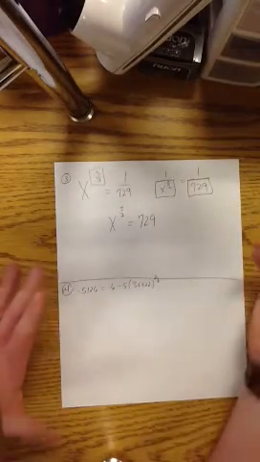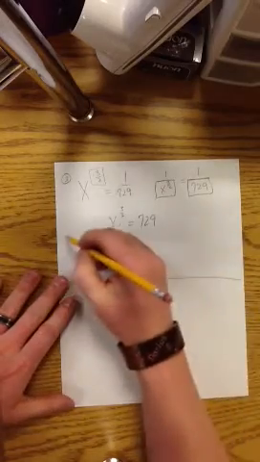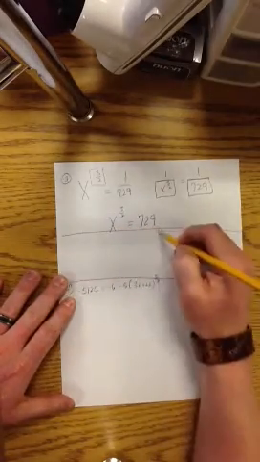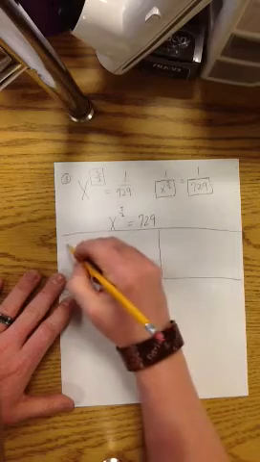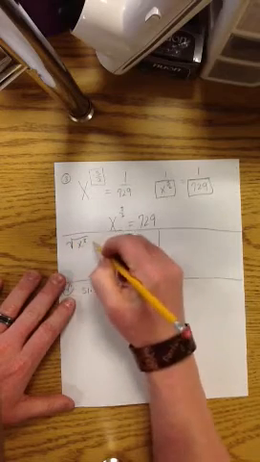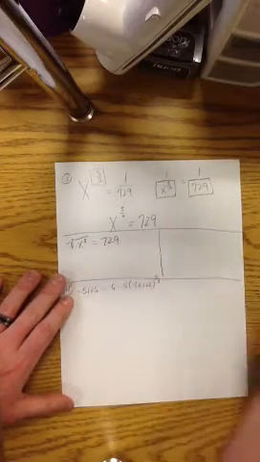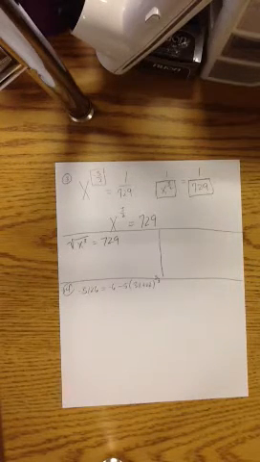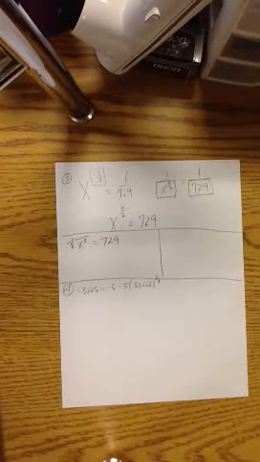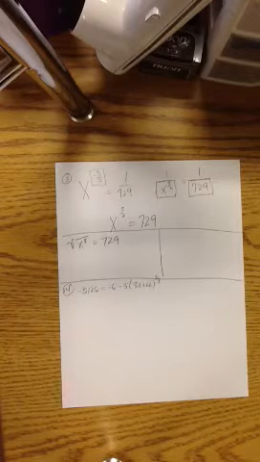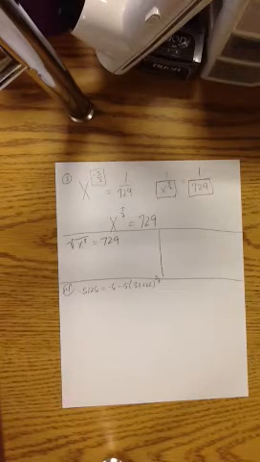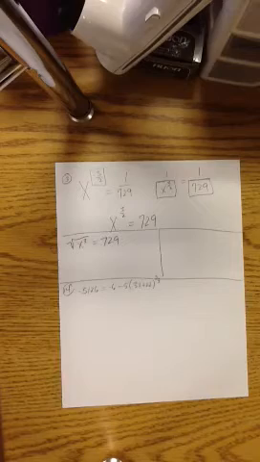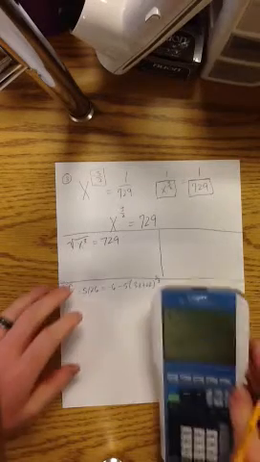How does that happen? Two ways. I'll split this into two things here. The first way is the square root of x to the third equals 729. Now the way that we can do this real quick is I bust out my calculator.